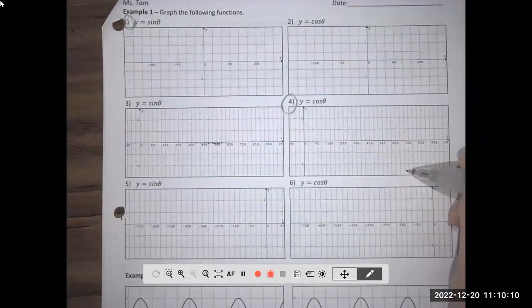After those two, while we're waiting for everyone to finish, you can complete the rest if we have time, okay? And then we're going to move on to something else. So when you've done those two, put your hand up. All you're doing is trying to see whether you can graph those yourself.